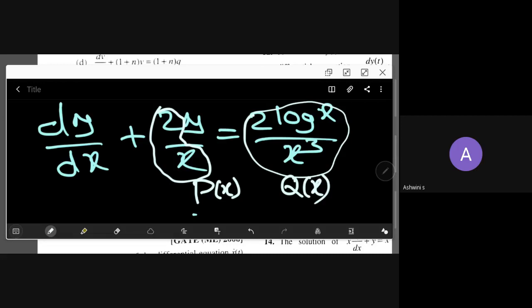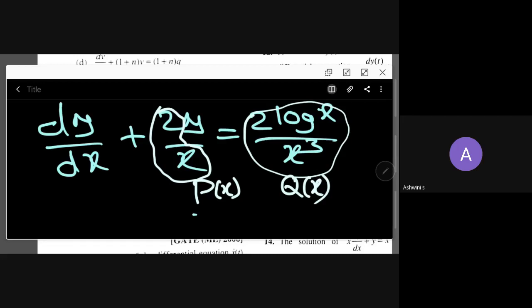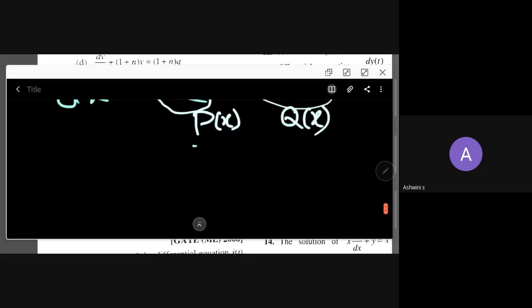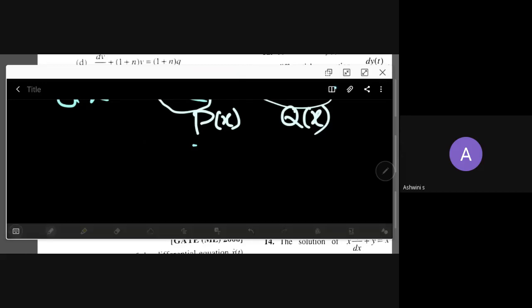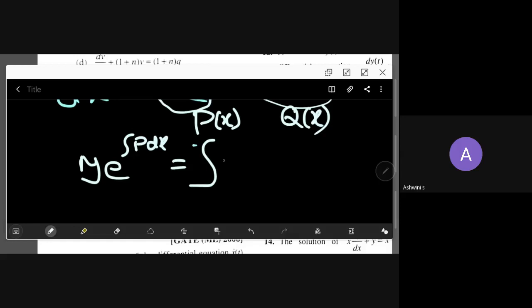If you look at the PPT for this one, the answer is the integrating factor. We need to see the integrating factor. So what is the solution? Directly we can write the solution: y e power integral p dx is equal to integral q e power integral p dx.